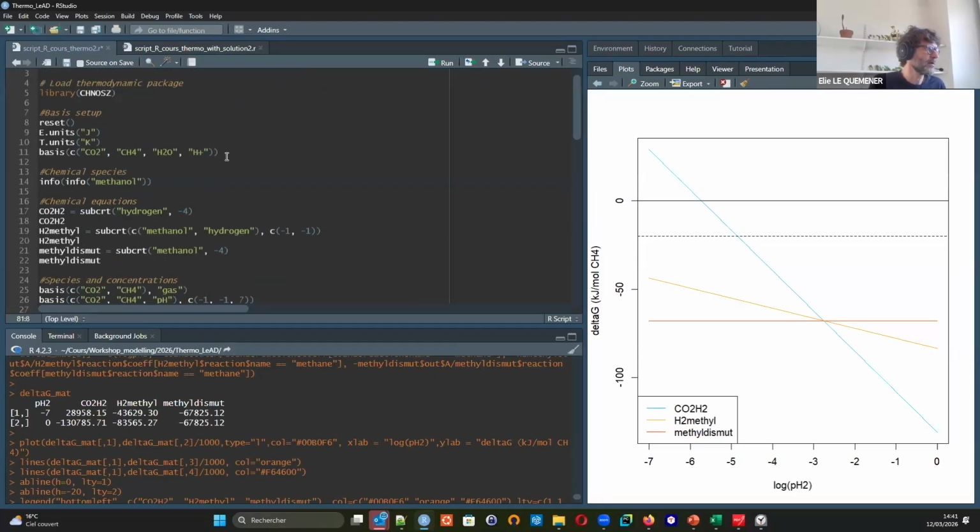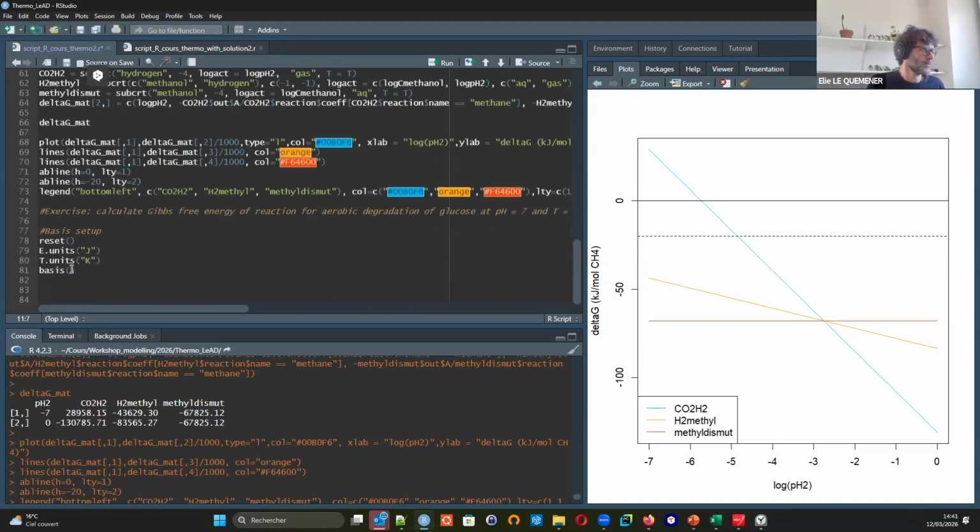Before, the basis species were CO2, CH4, H2O, and H+, but in this new example we don't want CH4 because we want aerobic degradation of glucose. We want CO2 because we know we will produce CO2. We want H2O, we want H+. The molecule that is missing is O2, so I say, okay, I want O2.